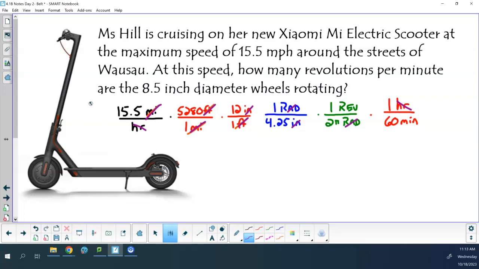All right, let's calculate. Times 80 times 12, divided by 4.25 times 2 pi times 60.